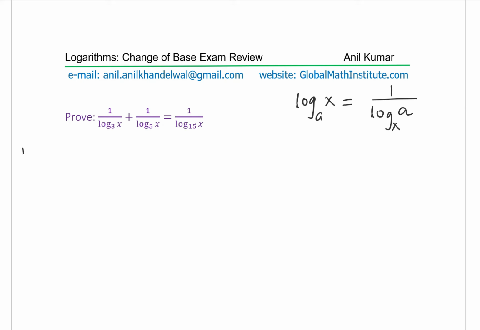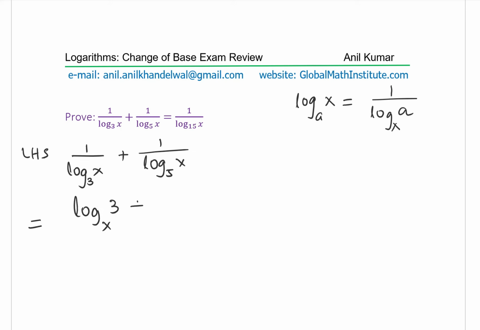So we're going to use this particular formula to prove the identity, correct? Let's begin with the left-hand side, which is 1 over log to the base 3 of x plus 1 over log to the base 5 of x. So we could write this as equal to log to the base x of 3 plus log to the base x of 5. And now we can use the property of product, right?